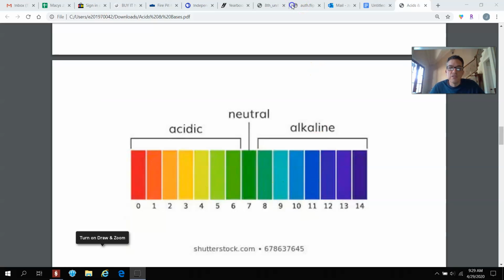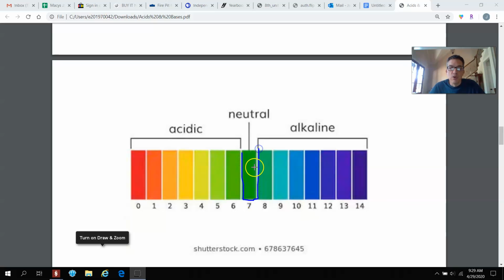What we tend to see is that these actually end up being a lot more like an exponential function. As we get towards being alkaline, at the ends, they get substantially more acidic or more basic. And what we really see is that there's a factor of 10 going on here.